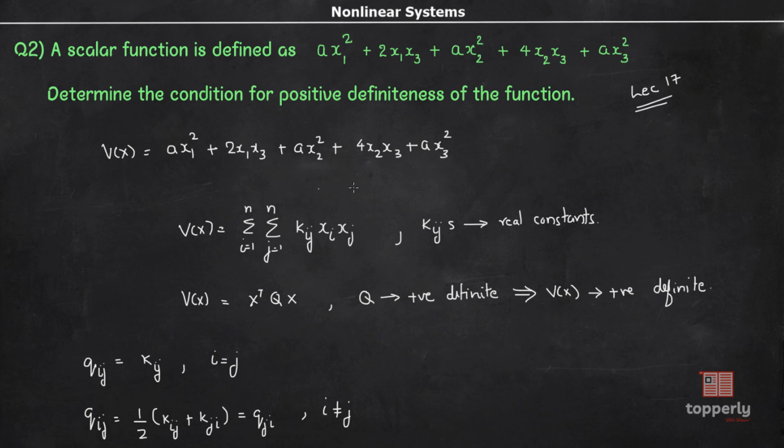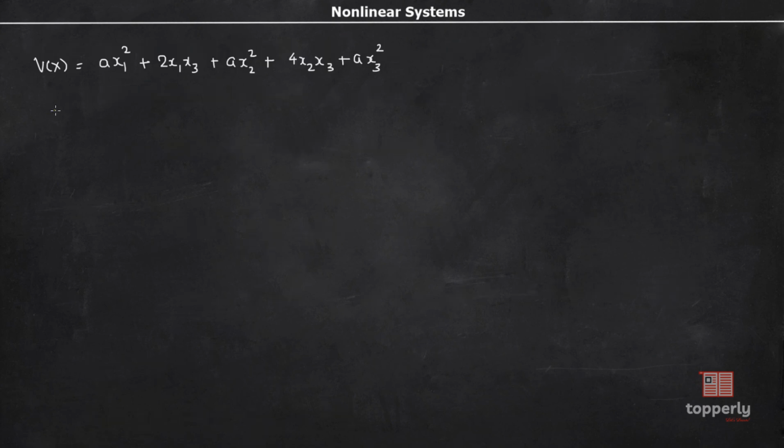Therefore, Q is a 3 by 3 matrix. Let us now find the elements of the matrix Q. We have Q11 equal to K11, that is the coefficient of the term x1 into x1, that is x1 square, and you can see that the coefficient is a. Therefore, Q11 is a.